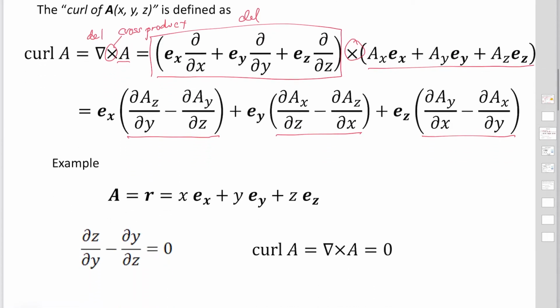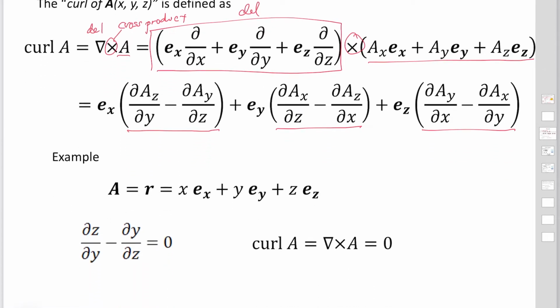An example: A is equal to R. If you want to find the x component of curl A, this corresponds to here.